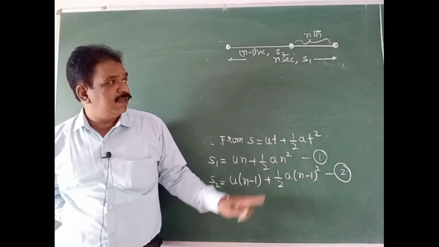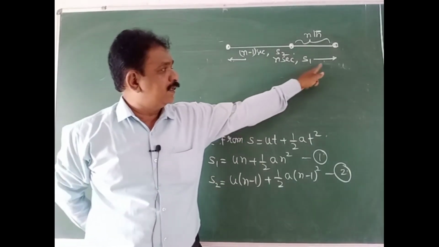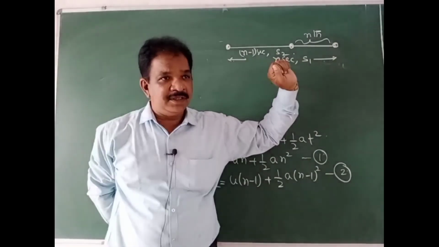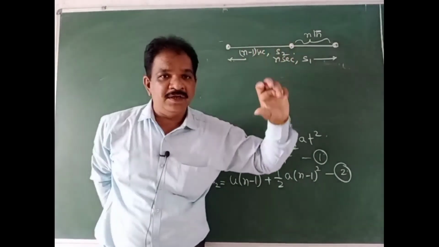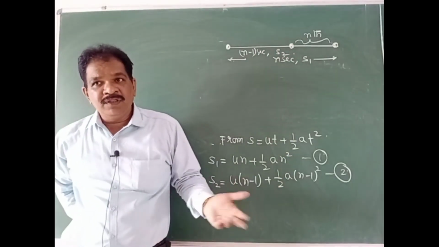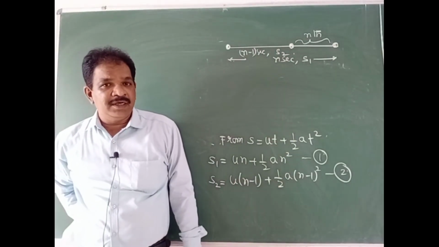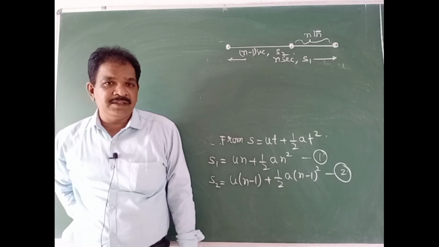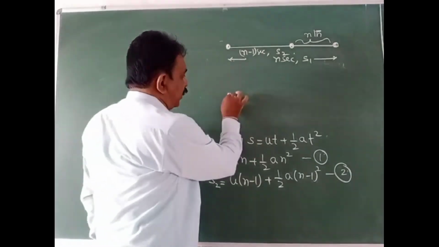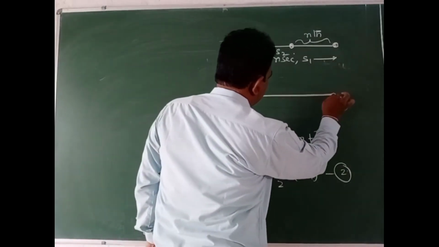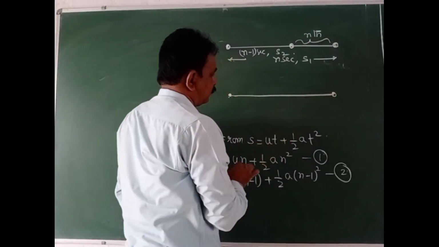The point is clear. In 5 seconds, how much displacement is there? In 4 seconds, how much displacement is there? We calculated that. If we subtract, what will you get? The displacement in the 5th second. In 5 seconds, it came from here to here.